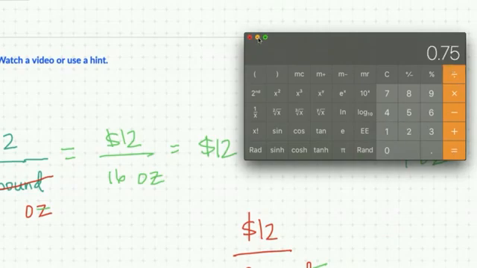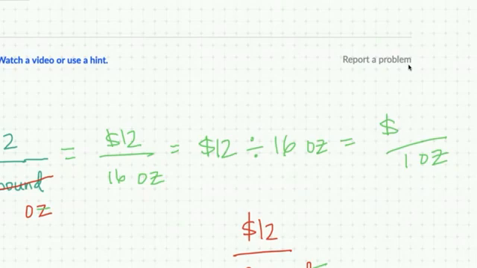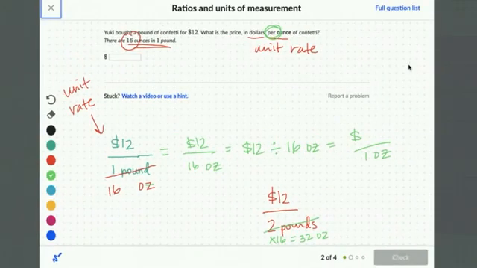And that's 0.75. When we talk about money and it's 0.75, we're really talking about cents because it doesn't make up a whole dollar. So this is 75 hundredths of a dollar per ounce, or you can say 75 cents per ounce.